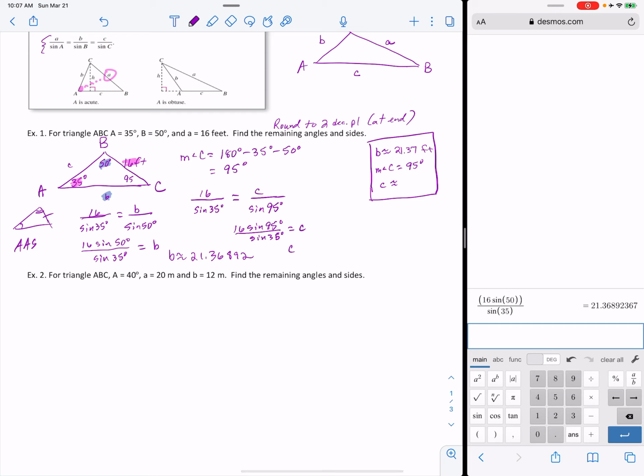And so we're going to approximate C. So let's go over here and evaluate. And we have 16 sine 95 divided by sine 35.